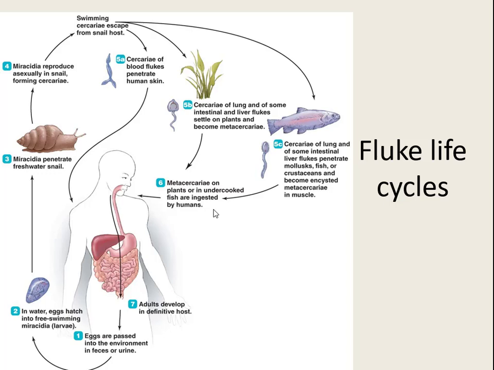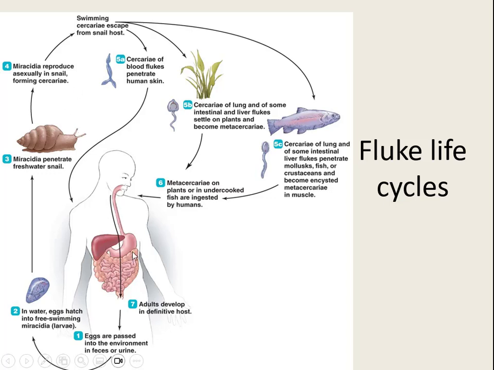Now, a lot of flukes are tied to some type of water life cycle, meaning one, if not more, of the life cycles is tied to some type of aquatic vegetation, some type of aquatic organism, such as a snail or a fish or some type of vegetation like watercress.